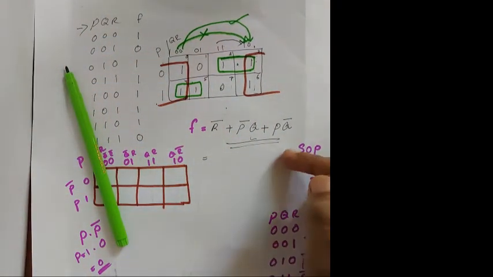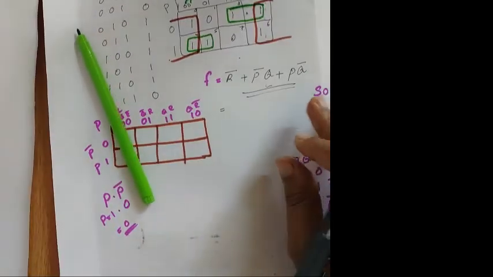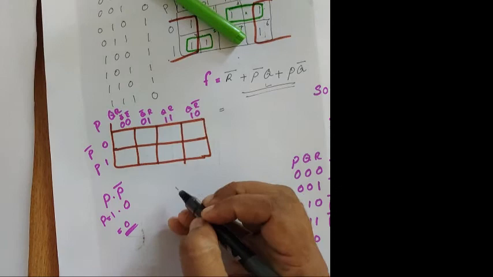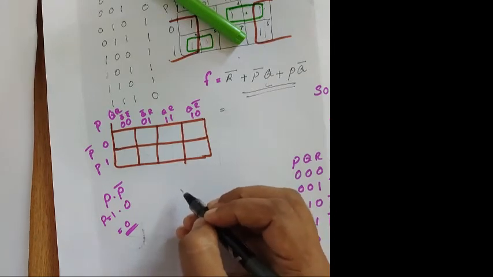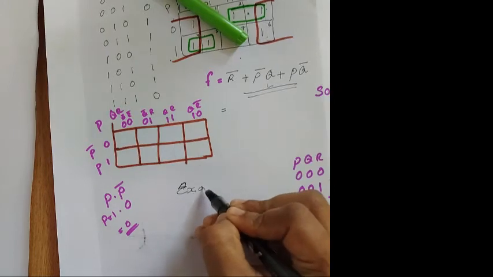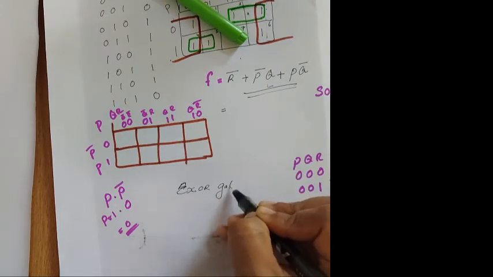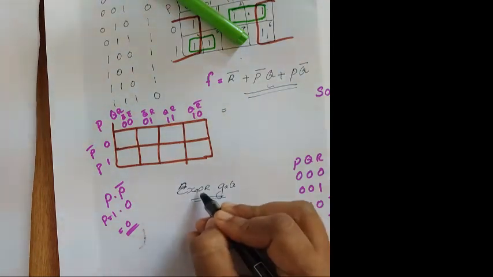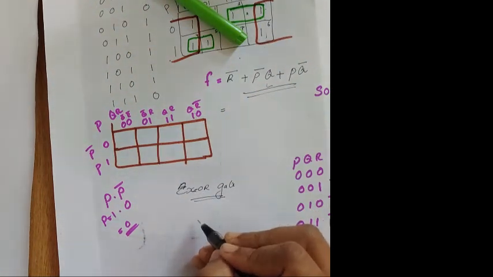You can also reduce this. You know what is the equation for a XOR gate. What is the expression for XOR gate? Just go through your logic gates. XOR means what? Exclusive OR gates.